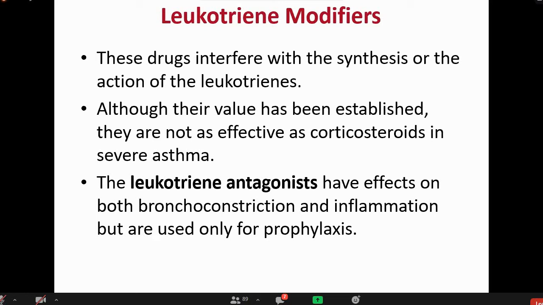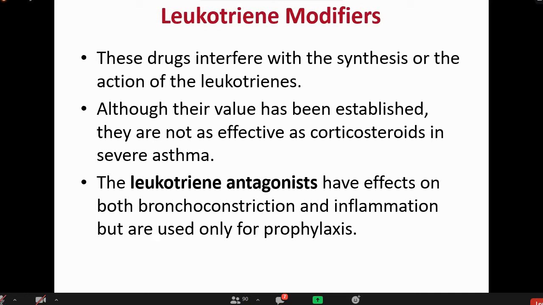But if this group can produce bronchodilation, can it be used in the acute attack? No, its use is reserved only for prophylactic treatment or long-term control medication, because the onset of action is slower, so it will take time.